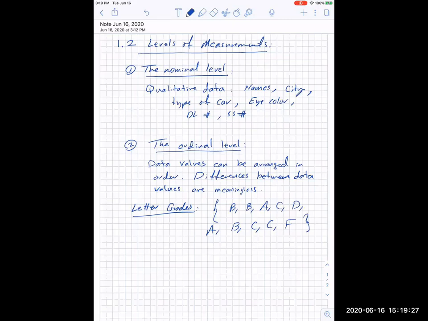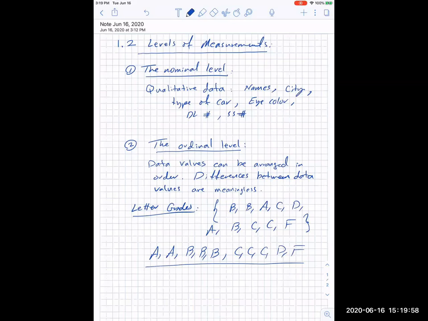So I can start with A, so I have 2 A's, then 3 B's, 3 C's, 1 D, and 1 F. Right? So I arranged my data in order. That means my sample data are at the ordinal level.